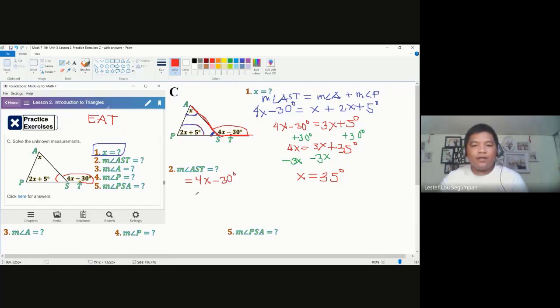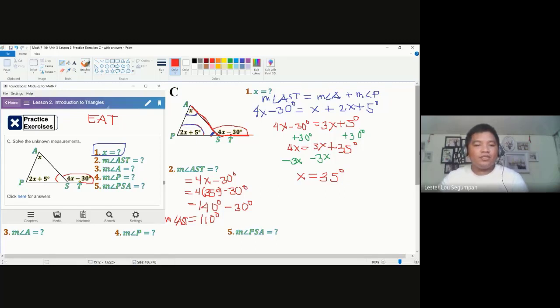With the use of the variable x, that's 4 times 35 degrees minus 30 degrees. 4 times 35 is 70 times 2, 140 degrees, minus 30 degrees. So the measurement of angle AST is equal to 110 degrees. We will skip the checking for now and go back to it after we solve number 4.